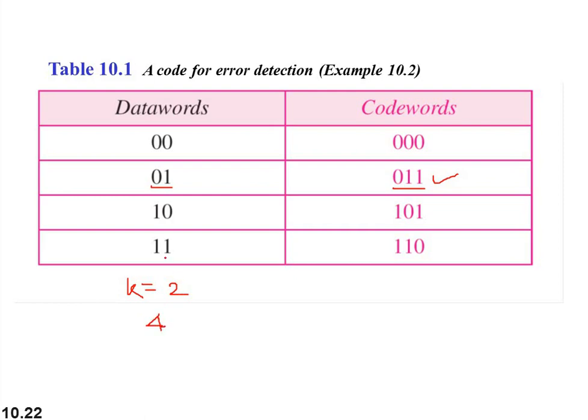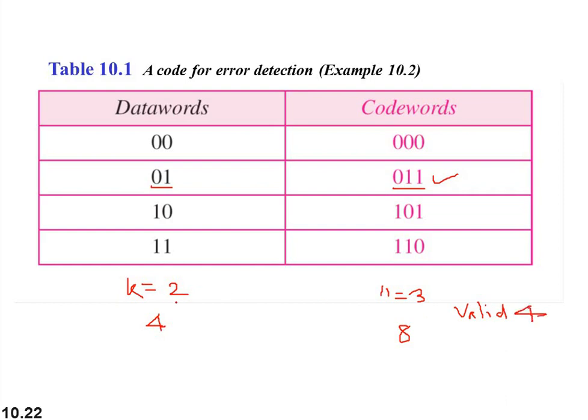And n is equal to 3, so the code words possible will be 8, but the valid code words will be only 4. Why?